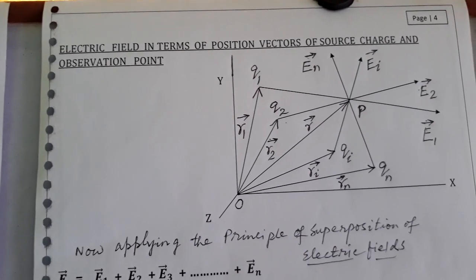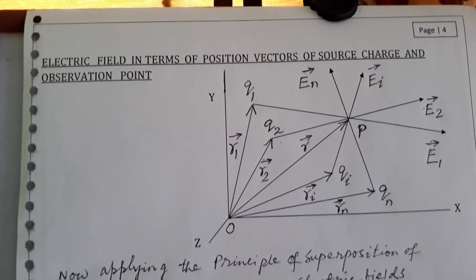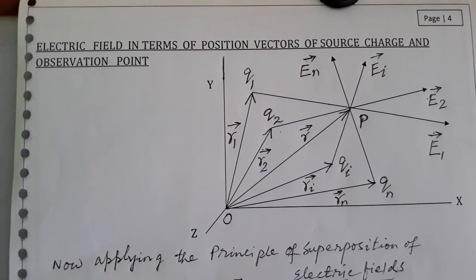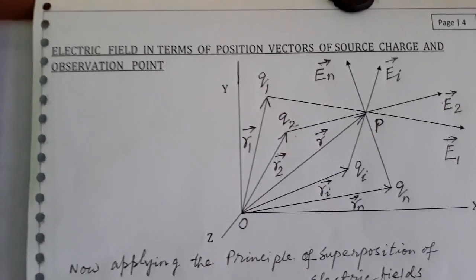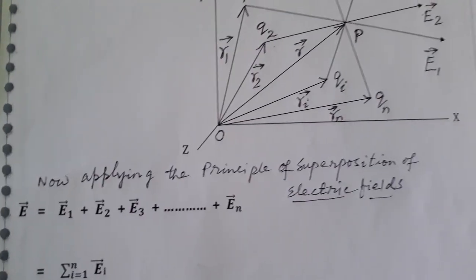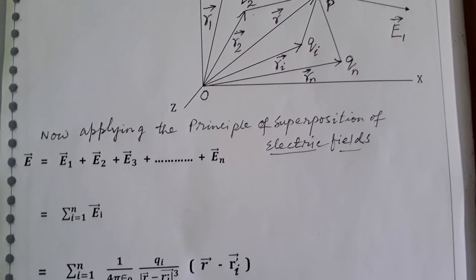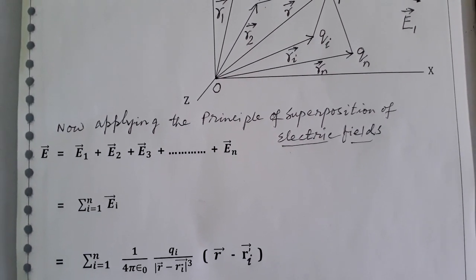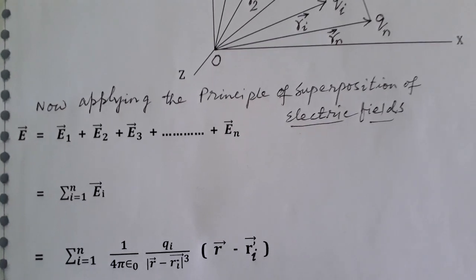So in this case we are going to find the electric field in terms of position vectors of source charge and observation point. Once again we will have to use the principle of superposition of electric fields.